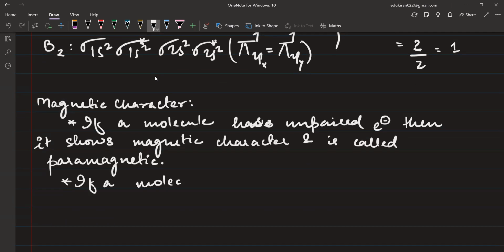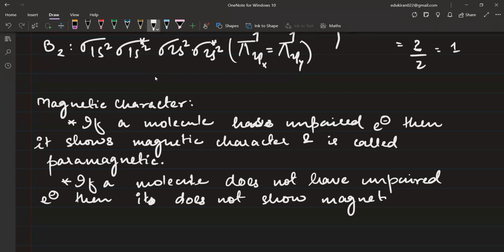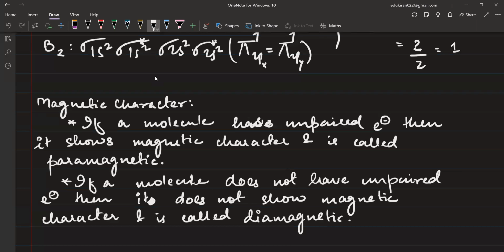Next point. If a molecule does not have unpaired electrons, then it does not show magnetic character and is called diamagnetic.